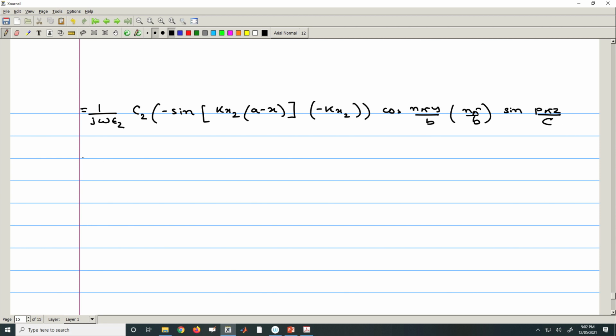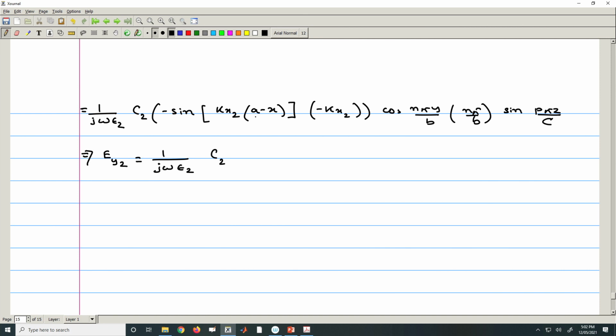Therefore, we can write E y2 is equal to 1 upon j omega epsilon 2 into C2.